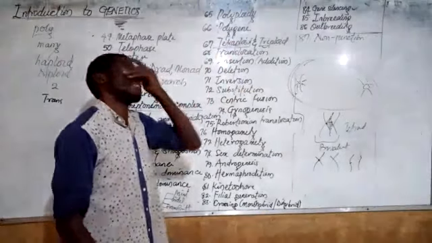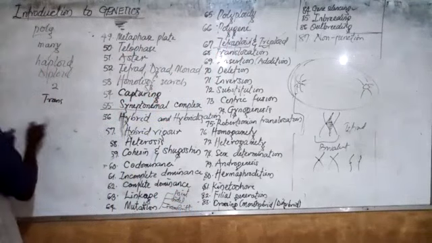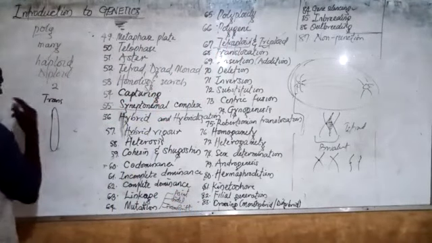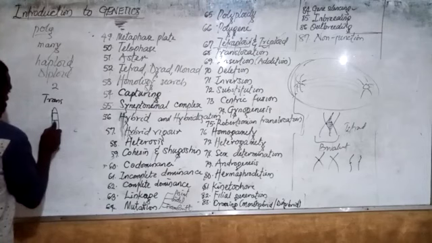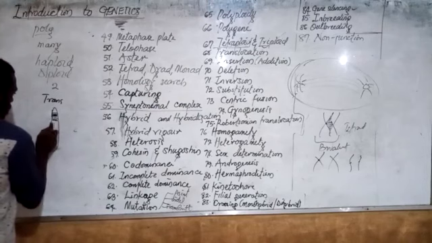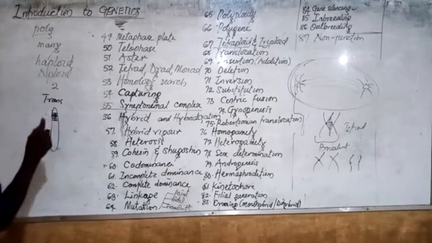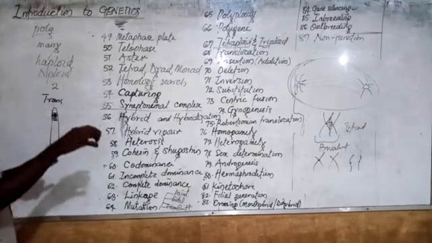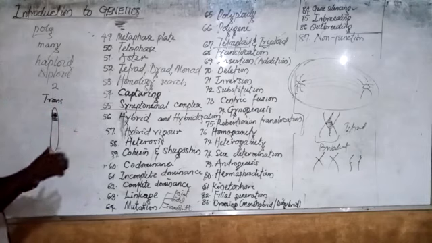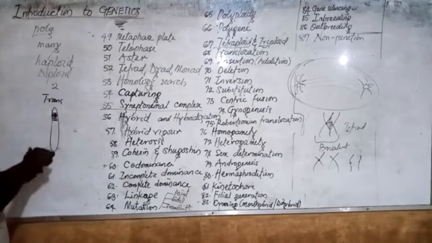What basically happens is that a chromosome, so if I have a chromosome like this, for example, basically a portion breaks off and moves to another, or maybe even two types.